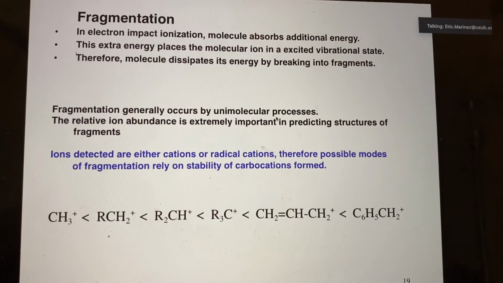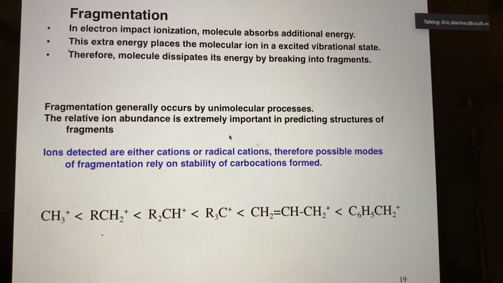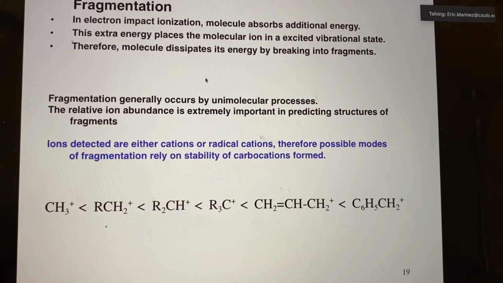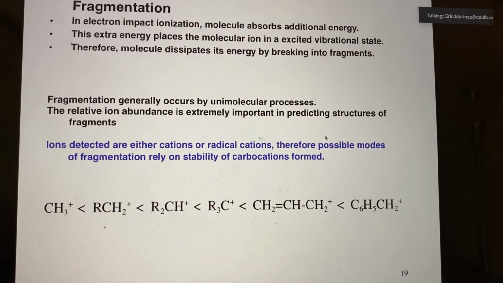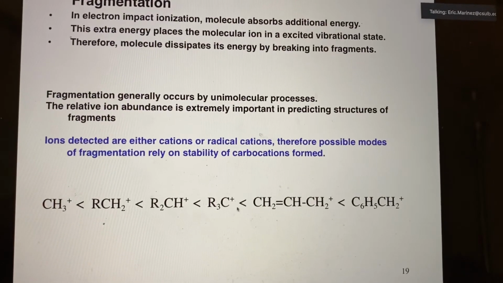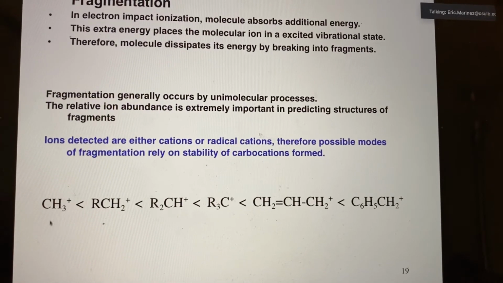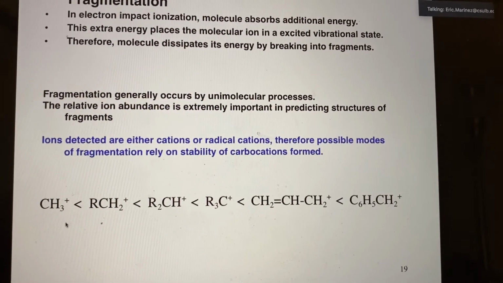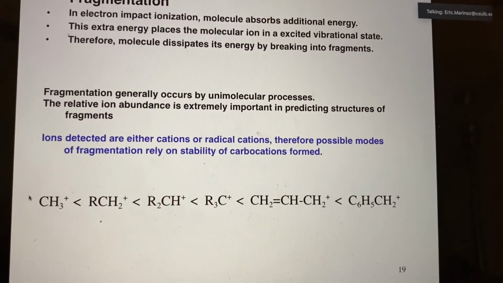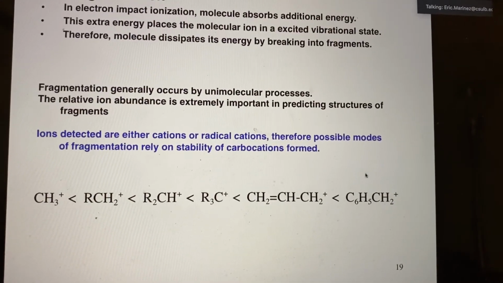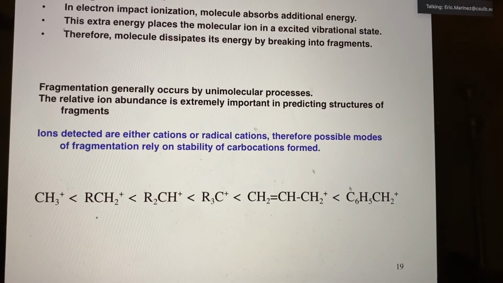Fragmentation generally occurs by unimolecular processes, and one of the things I want you to realize is the way molecules fragment is very predictable. You've learned a lot of chemistry in 220A if you took it here, and you learned the general stability of carbocations is in this fashion. Methyl carbocations are the least stable, primary a little bit more stable, secondary, tertiary, and then you learned about allylic and benzylic carbocations.